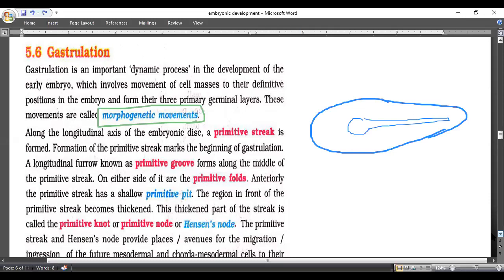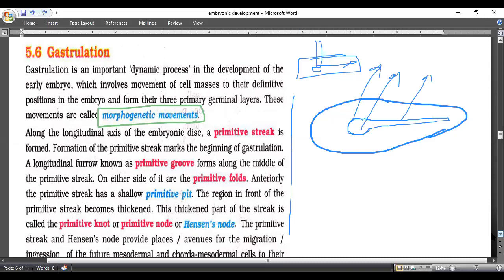in yesterday's class. On a cake, if you make a hole with a knife, the hole I can call the primitive pit. The border of the hole we can call the primitive knot. Then, if you make a line like this in the cake itself, that is what you can call the primitive groove.